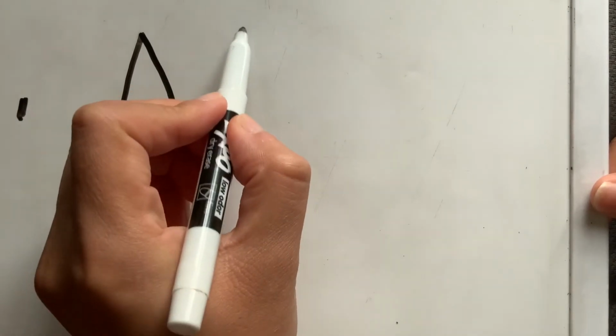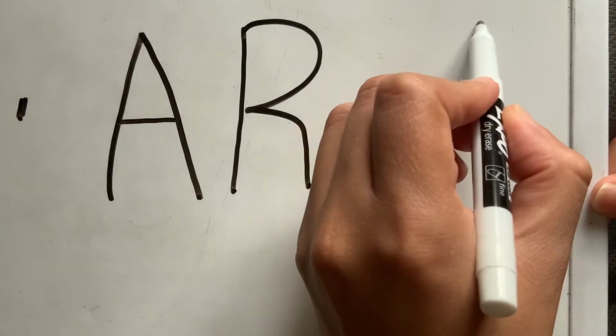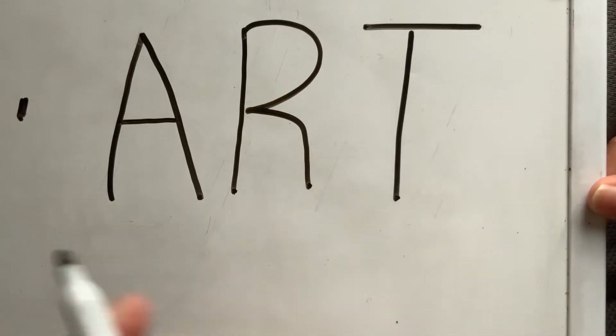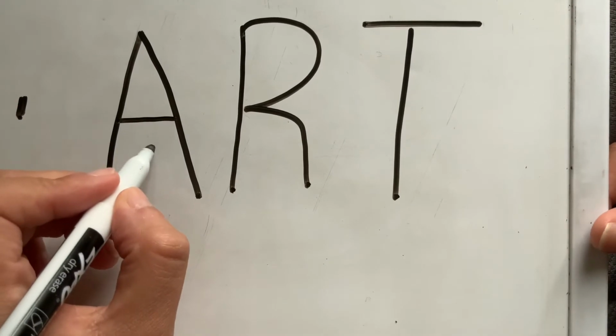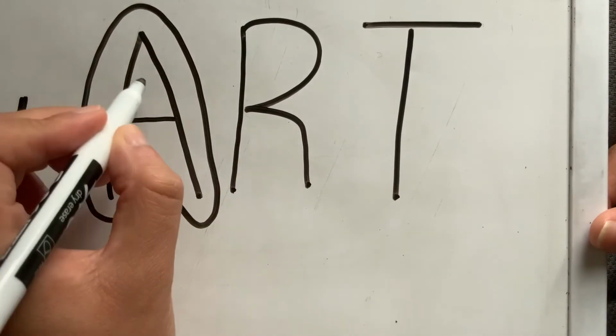A different way to play with shapes is actually changing the shape of your letters and turning them either into bubble or block letters. What I usually do is I write out my word, making sure that the letters are a little more separated than usual. Then I take my marker or my pencil and I start to trace around it.